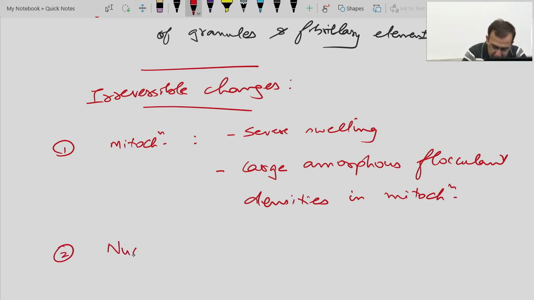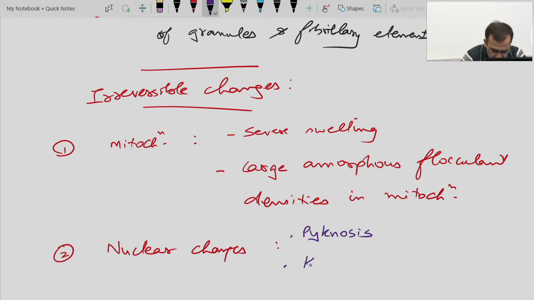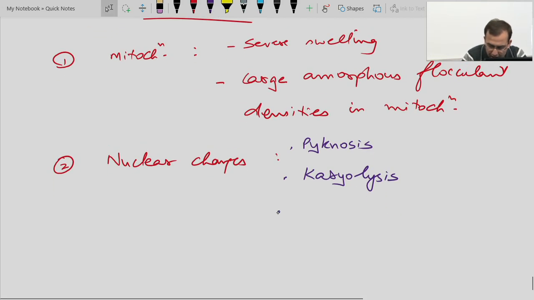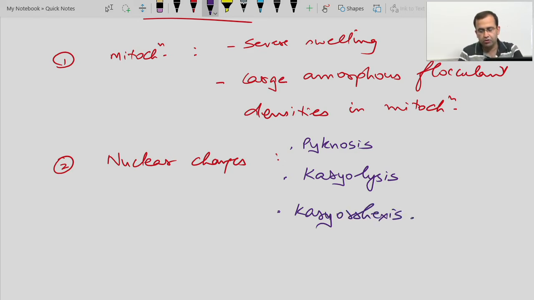The next set of changes are the nuclear changes: pyknosis, that is nuclear shrinkage; karyolysis, that is dissolution of the nucleus; and karyorrhexis, that is fragmentation of the nucleus. So nuclear changes: pyknosis, karyolysis, and karyorrhexis.